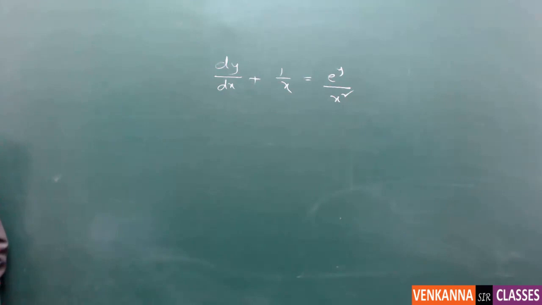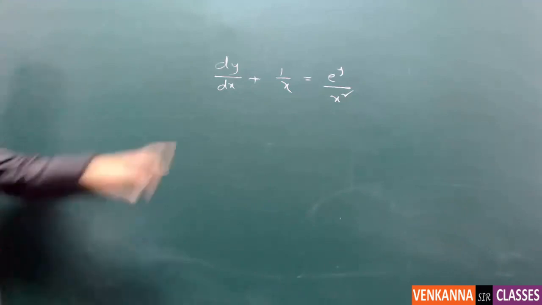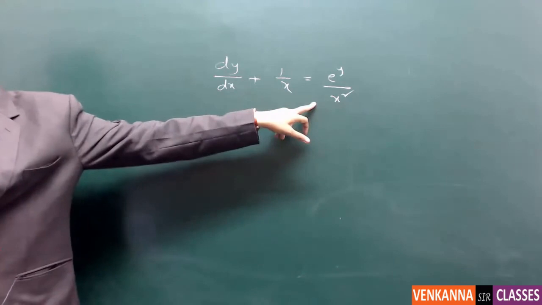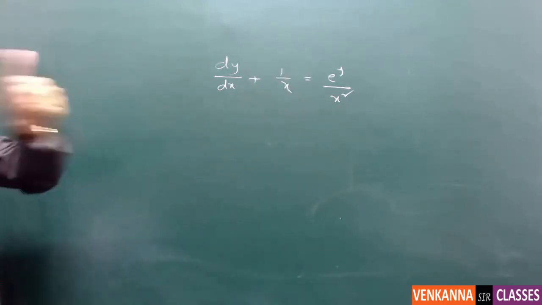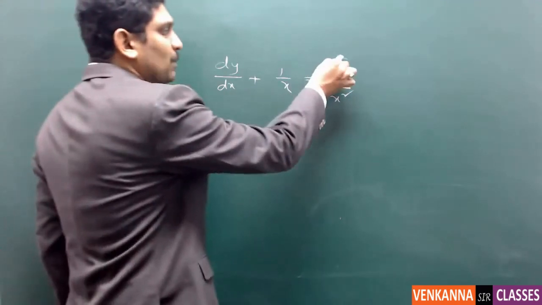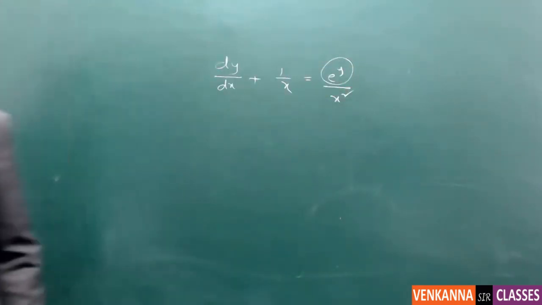Now see, is it linear? If you want to say that it is linear, y should be presented here and right hand side only x should come. Is it Bernoulli? No. Because right hand side you have a separate function, not y square, y cube, etc. are there.